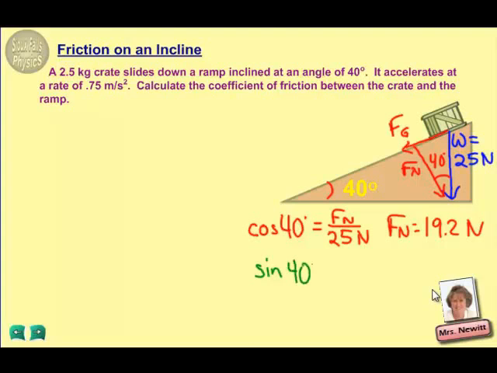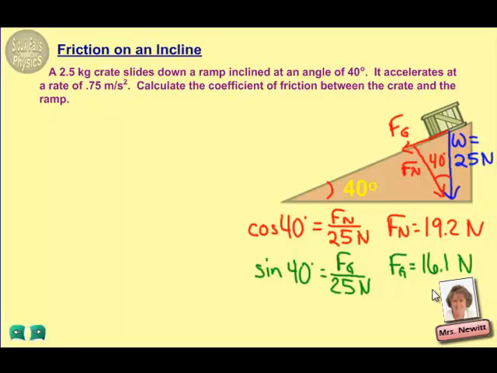Okay, we also want to go ahead and find the opposite component, and that would be, again, the sine, since it's opposite the 40-degree angle. The opposite side is that F sub g component divided by the hypotenuse, which is, again, our 25 newtons. And we find that that component turns out to be 16.1 newtons.